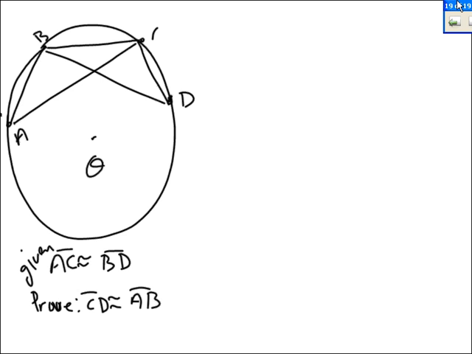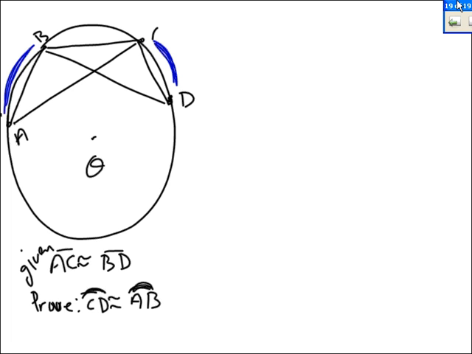Actually, you want to prove that those arcs, CD and AB, are actually congruent. So, it's this arc, AB, and CD.